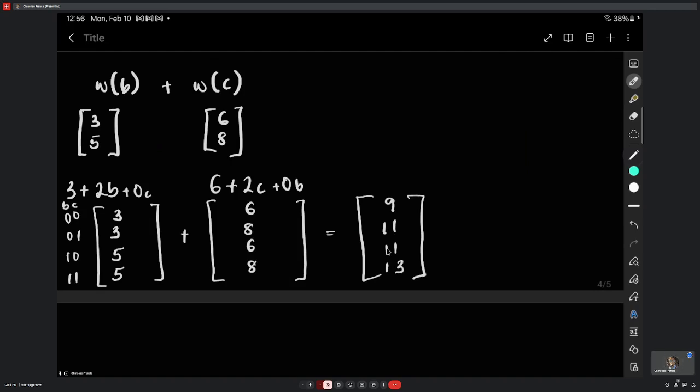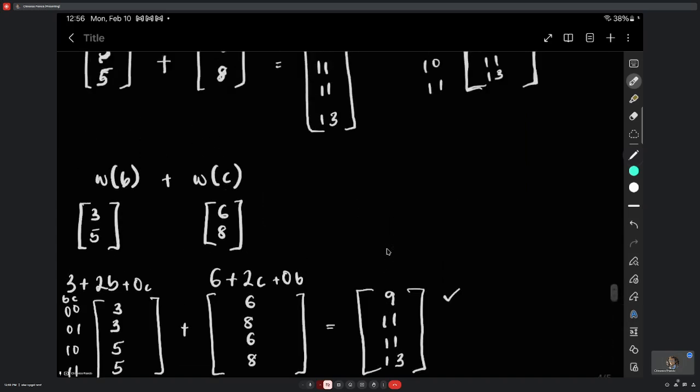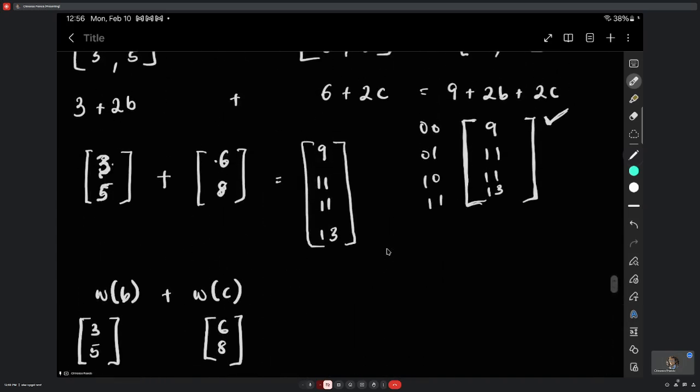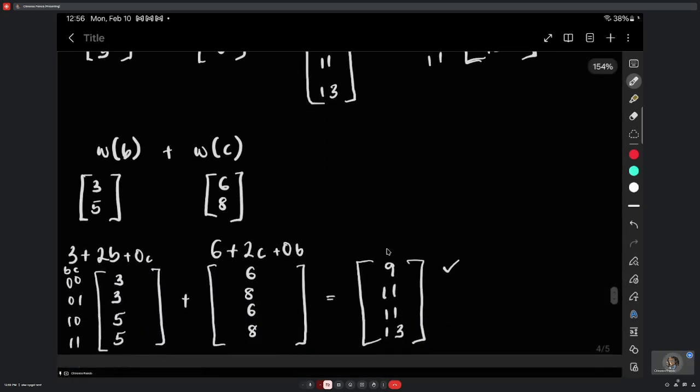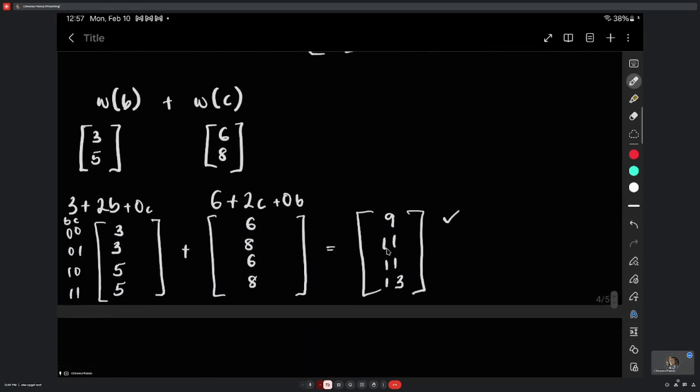If they are the same variable, you can just do element-wise addition. There's no need to blow it up. Does this make sense? Yes.